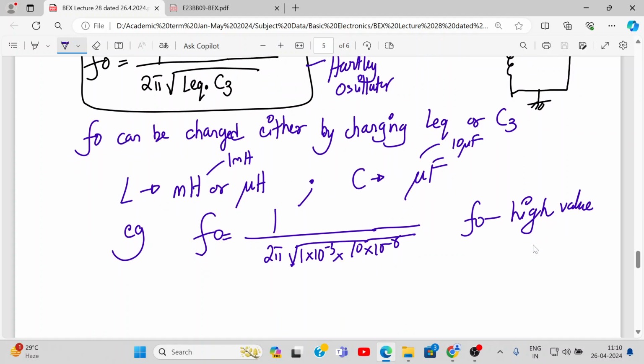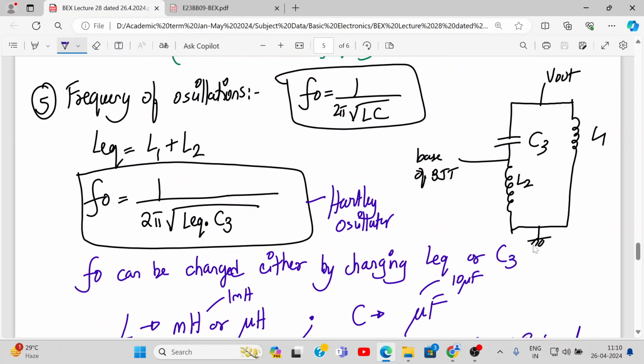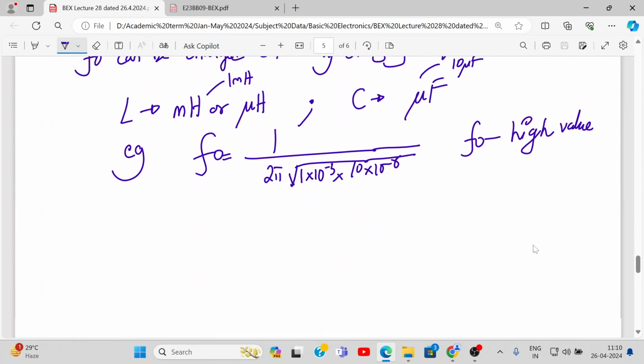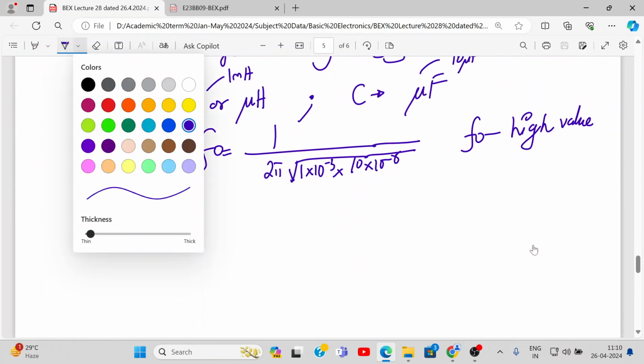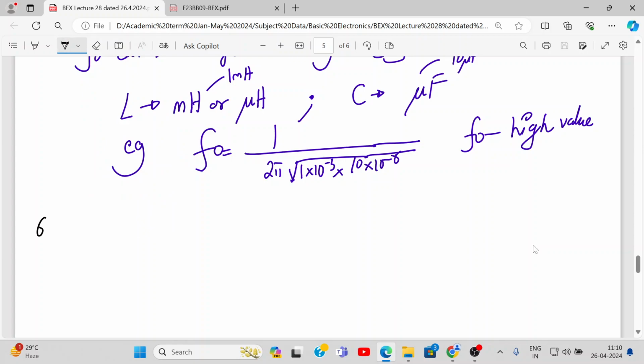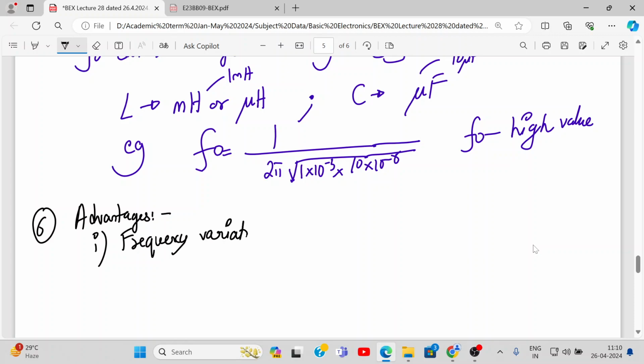Some of the advantages and disadvantages we can write now. Let's write them down quickly and finish it off. Some of the advantages: frequency variation is quite easy.